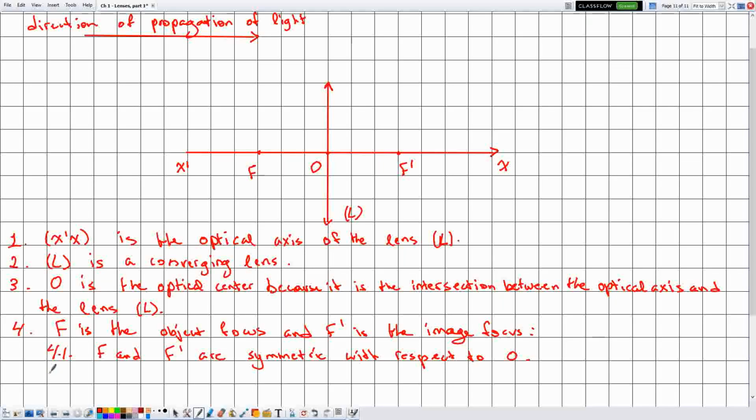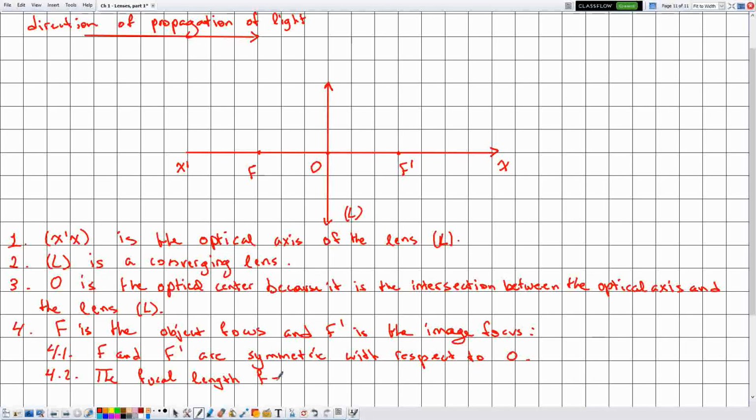What is the focal length? Idea 4.2: the focal length, denoted by small f and not capital F. Usually we use a capital letter for the object focus and the image focus, and a small letter for the focal length.